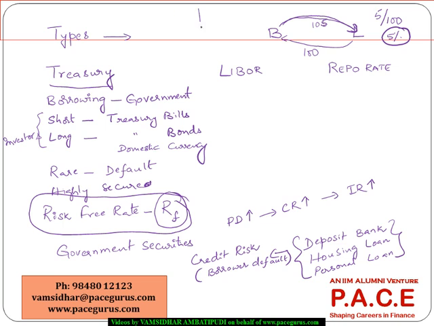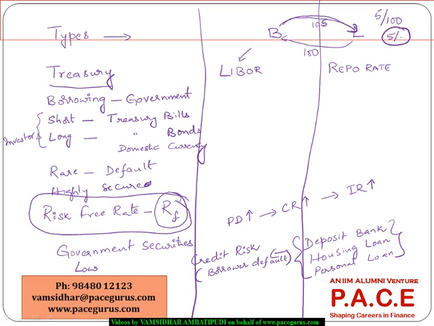But what we are seeing in the practical world is that various traders use LIBOR more than the risk-free rate for valuation. They typically say that the risk-free rate, which is the treasury rate, tends to be very low in a practical scenario because of various tax and regulatory issues.